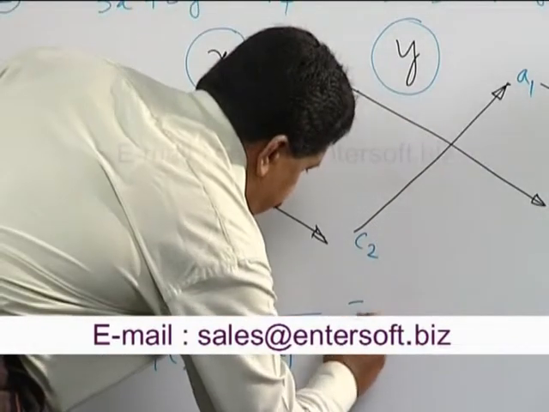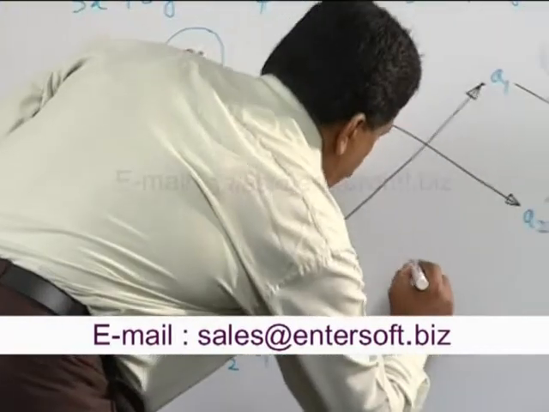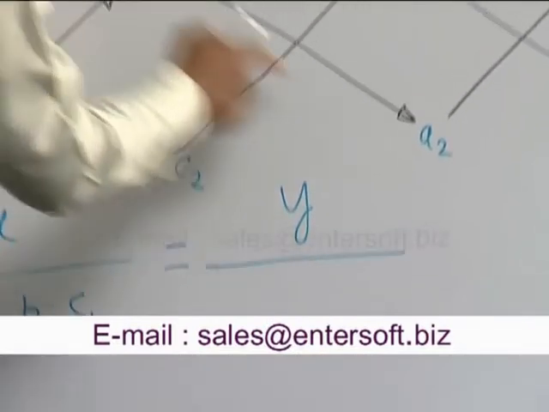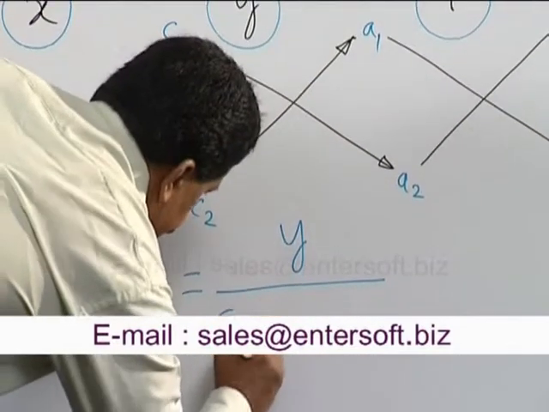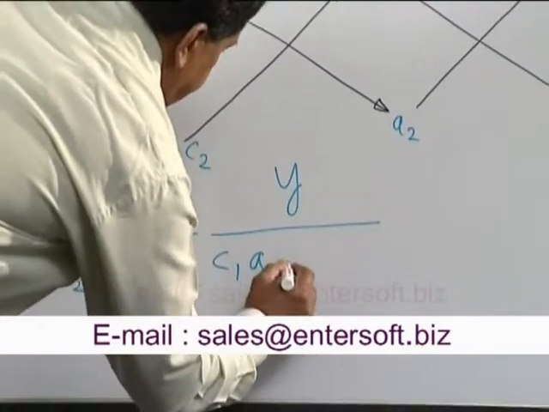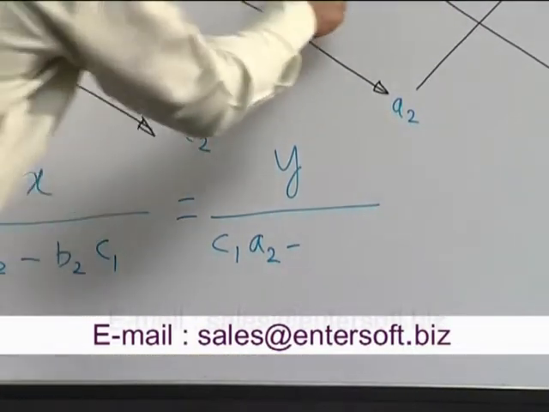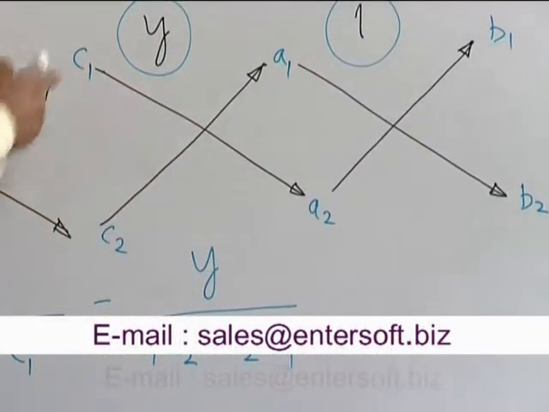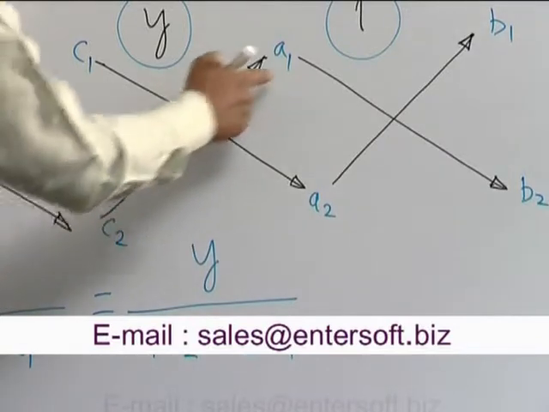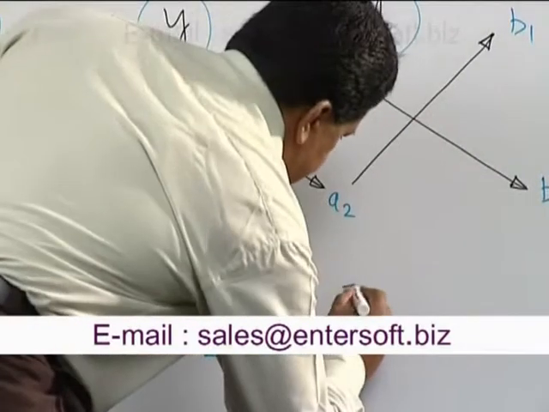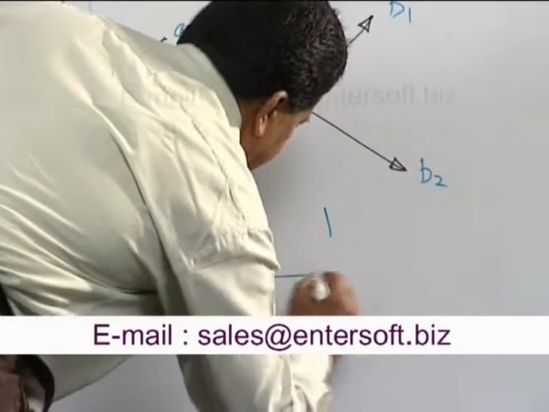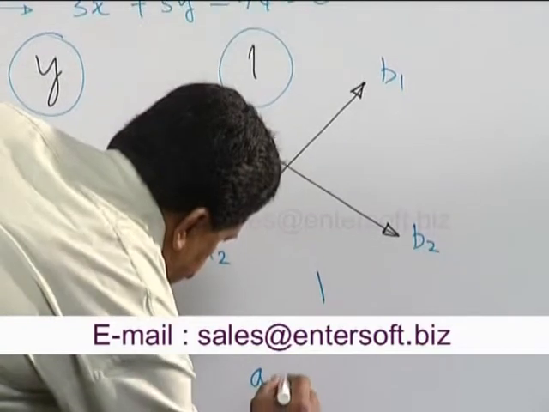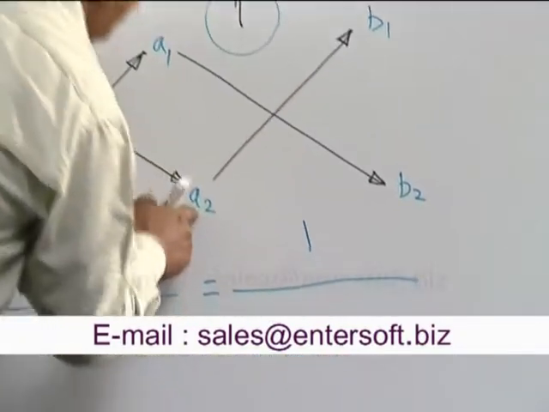This must be equal to y divided by, same process, C1 A2 minus C2 A1. Correct? C1 A2 minus C2 A1. And this is equal to 1 divided by A1 B2 minus A2 B1.